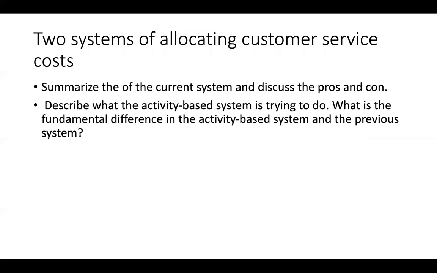All right, after you rule out all other reasons, then what you want to do is say, let's think about maybe it's just the way we allocate our cost is not accurate. And you can talk about this because this is one of the questions I'm asking in the case: you want to summarize the two systems, the old system and the new ABC system, the pros and the cons, and what the fundamental difference is.